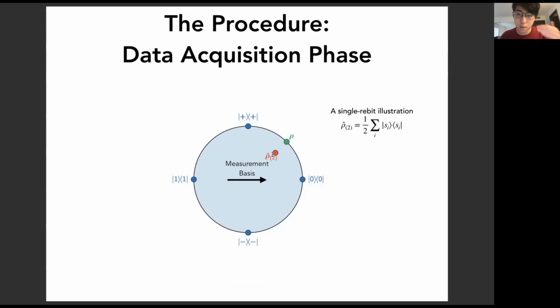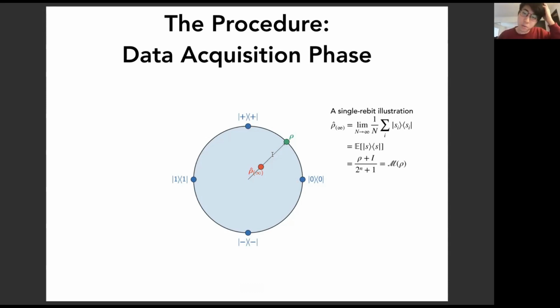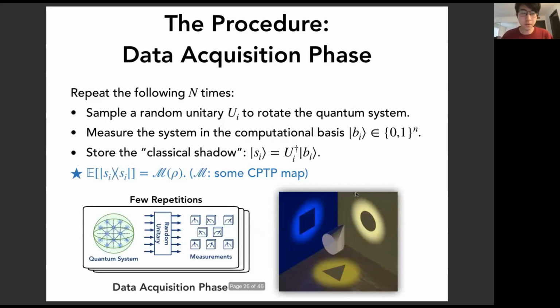And suppose you just keep on doing this an infinite number of times, it will converge to a point, rho hat infinity, that's also equal to the expectation value of your classical shadow for a single round of randomized measurements. Furthermore, you can analyze this and prove that this rho hat infinity, or the expectation value of S, is equal to applying a depolarizing channel onto your original quantum state rho.